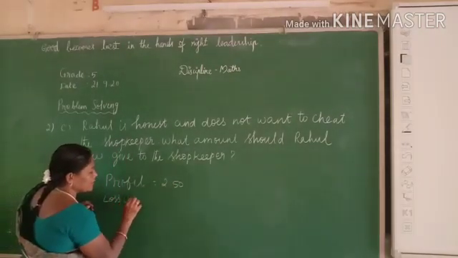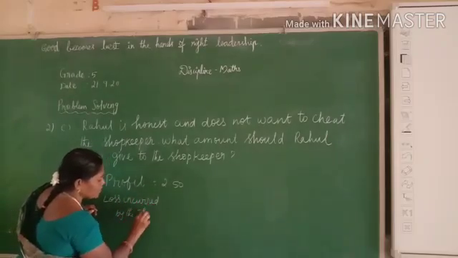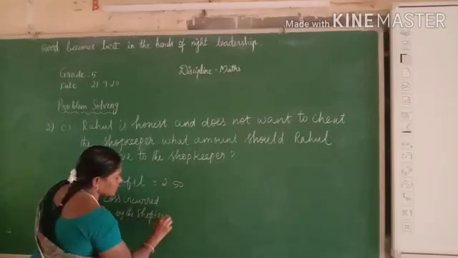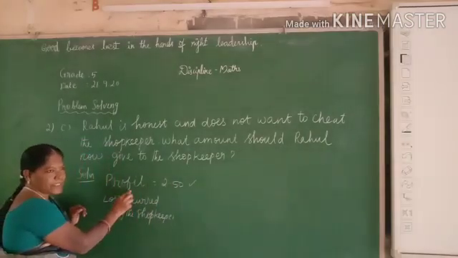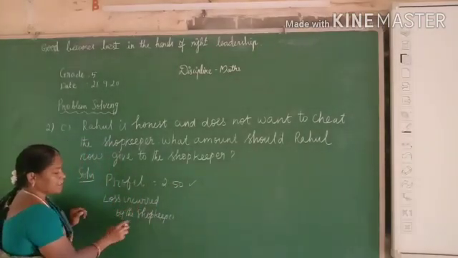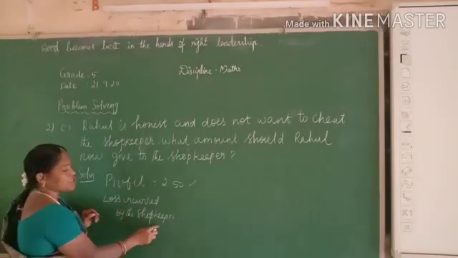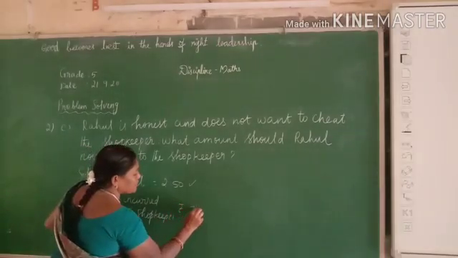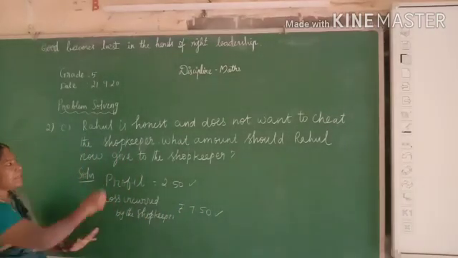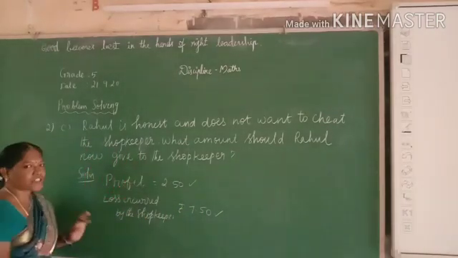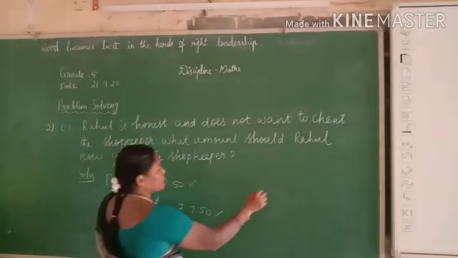Yes, we found the profit of rupees 2.50, and the loss incurred by the shopkeeper in question B is rupees 7.50. So both the values we should add. So this is what Rahul now gives to the shopkeeper. Okay, children? Now we have to add both the values.